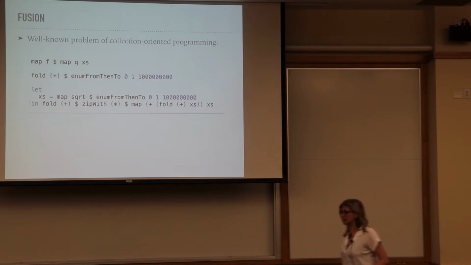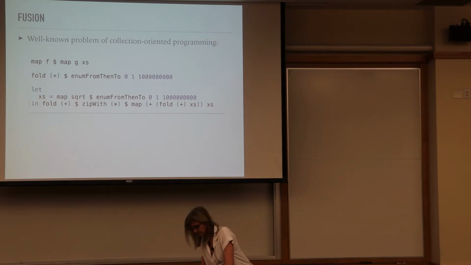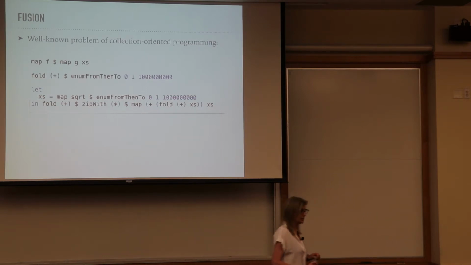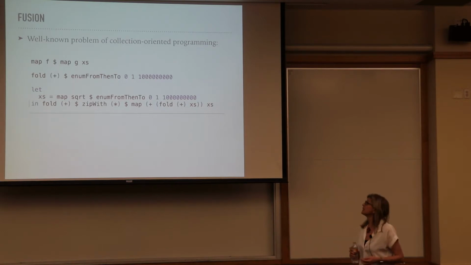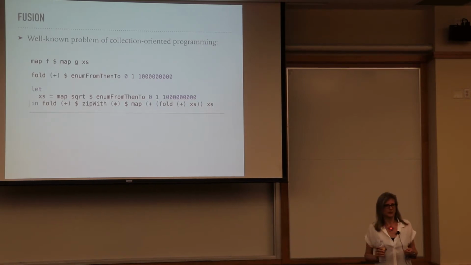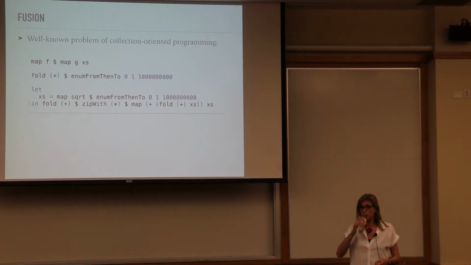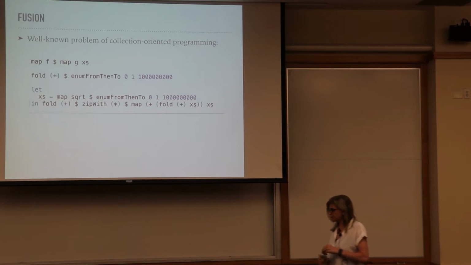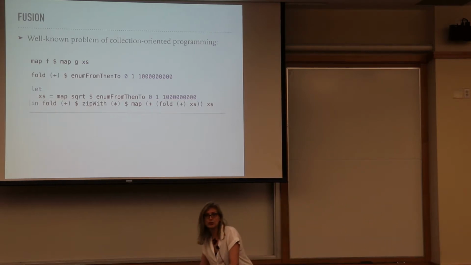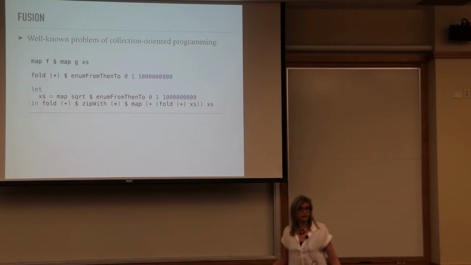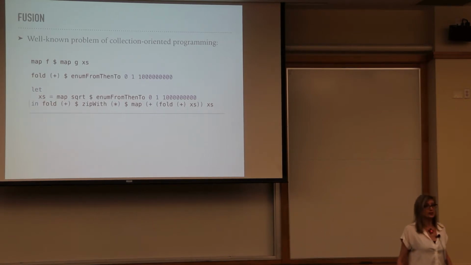So that is, as I said, one optimization we really need. The second one is fusion. Do you know fusion, deforestation? It's a well-known problem in any kind of collection-oriented language, parallel or sequential.